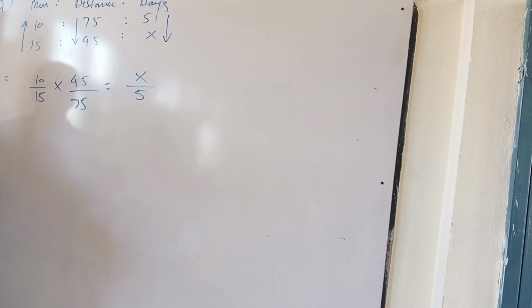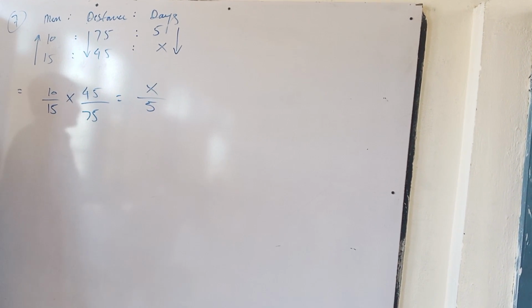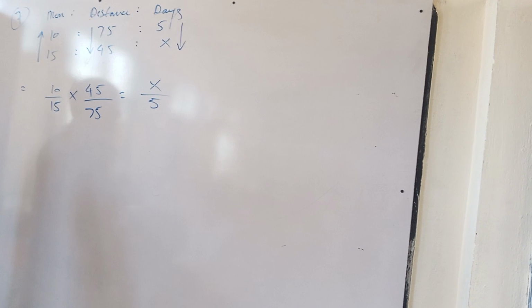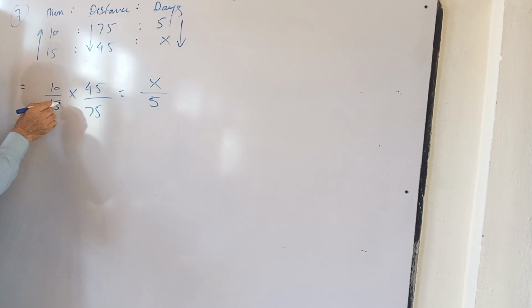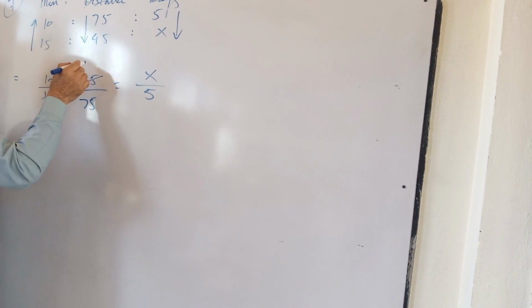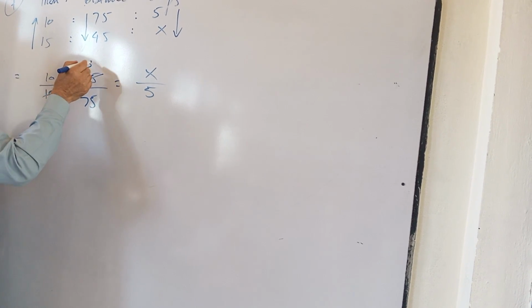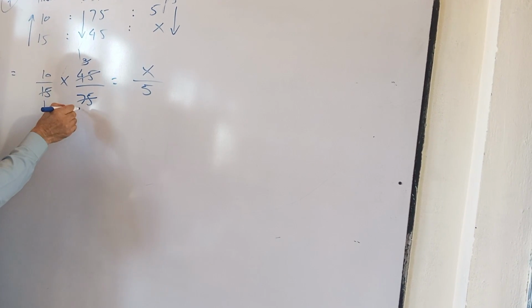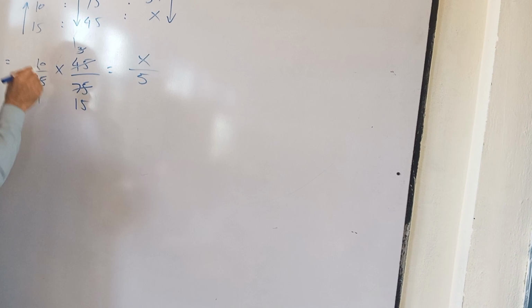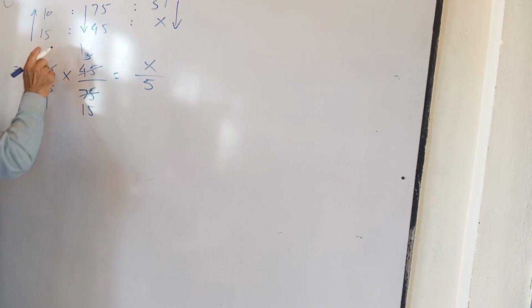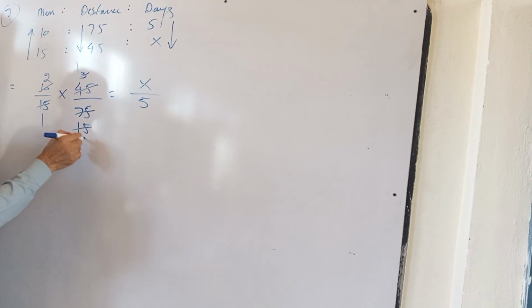Now we will reduce. Start the mathematical operation: 15 times 1 is 15, 15 times 3 is 45; 3 times 1 is 3, 3 times 5 is 15. 5 times 2 is 10 and 5 times 3 is 15.